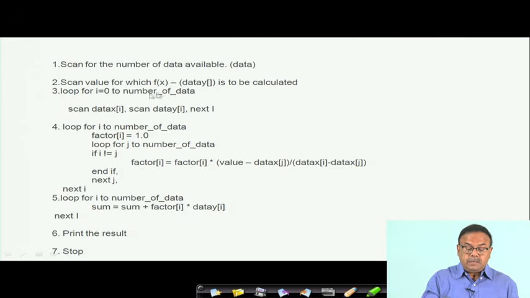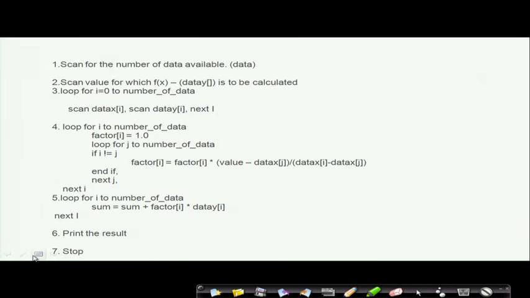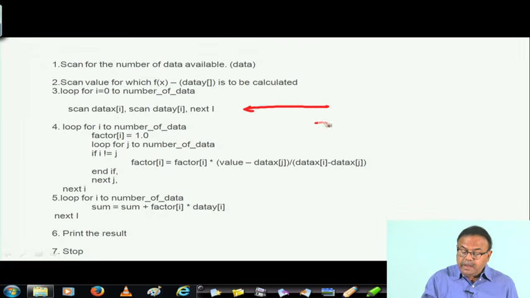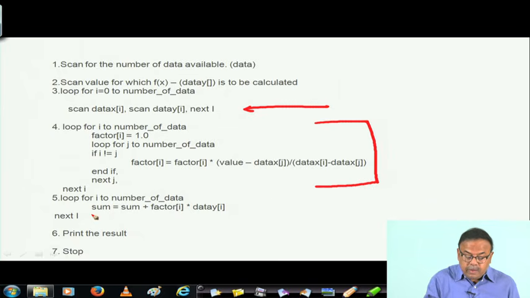Here is how many data points, this is telling how many data points, here you are reading the data. Now, loop for i equal to number of data points, then here you are computing this. At this point we have just read the data, and here in a loop we are trying to compute; here we are finding the sum, but in the loop I am finding the factor.